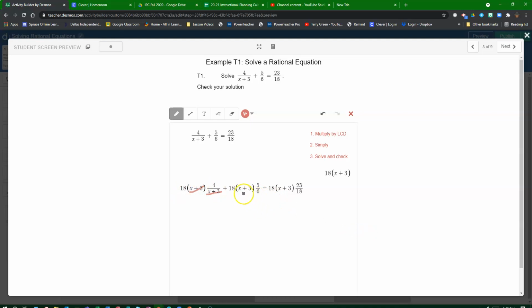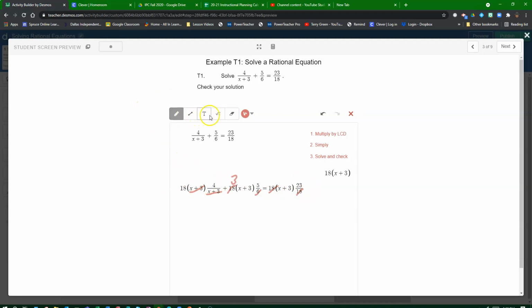Here, I have nothing to cancel x plus 3 out, but I do have a 6 that goes into that 18 3 times. That's going to leave me with 3 times 5 and that x plus 3. Here, I definitely have the 18s and they go away. And then that just leaves me with the x plus 3 times 23.